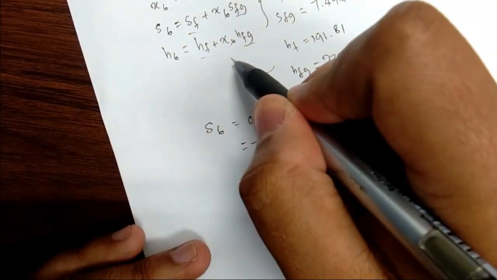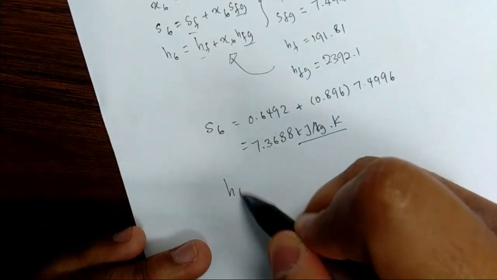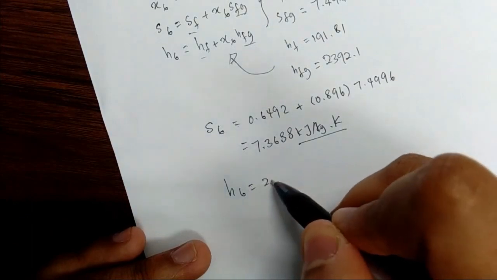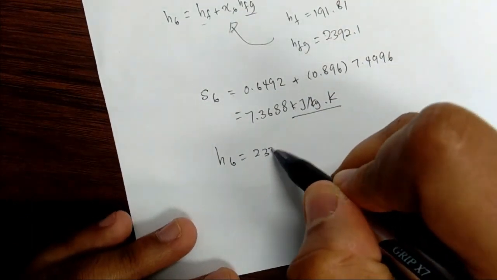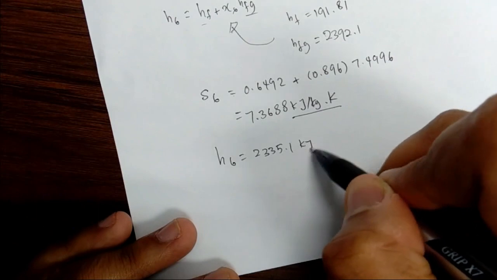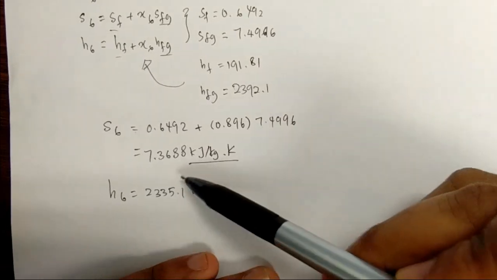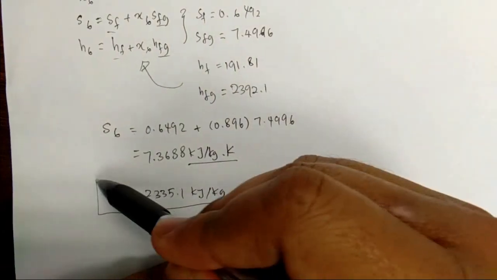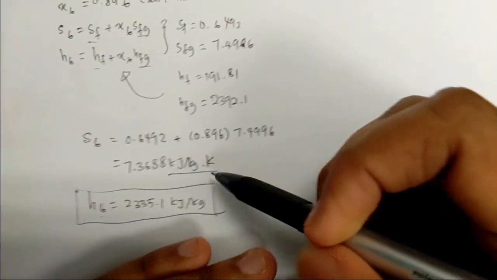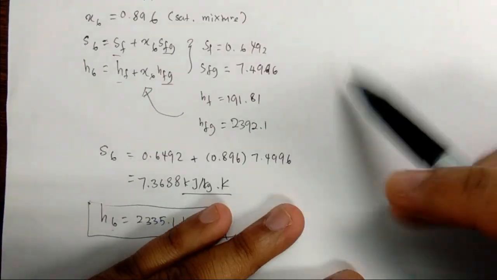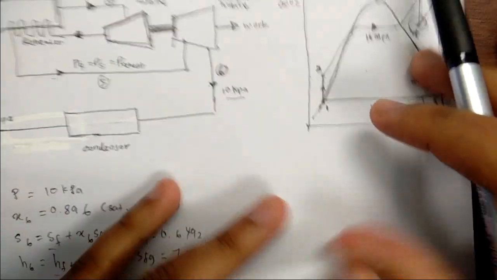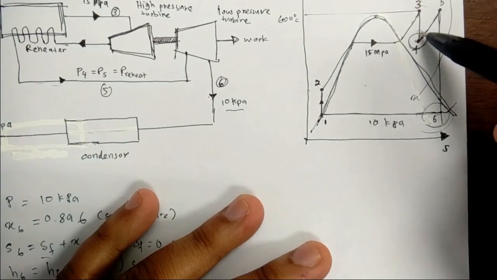So do the same thing on H6, so you will get H6 is equal to 2335.1 kilojoule per kilogram. Okay, save this value for the next calculation. Okay, so our objective here is to find the pressure at state 4.